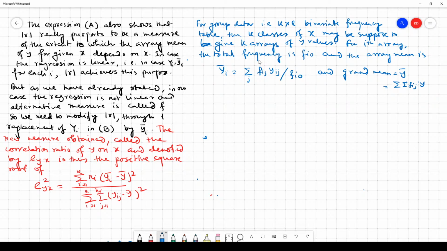Oh sorry, there is a mistake, please change this, because this is a k cross l bivariate frequency table with k x values and k arrays of y values, so it should be yj, because yj appears fij times.